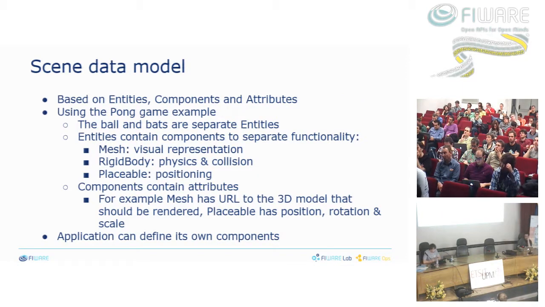The scene data model is based on entities, components, and attributes. So using this Pong game example, the ball and the bats are separate entities, and these contain the functionality, such as the mesh, which is the visual representation, a rigid body for physics, and some positioning that is then used to interact with your bat as a player.